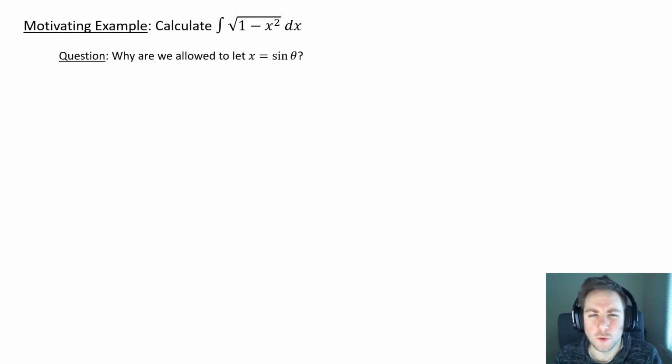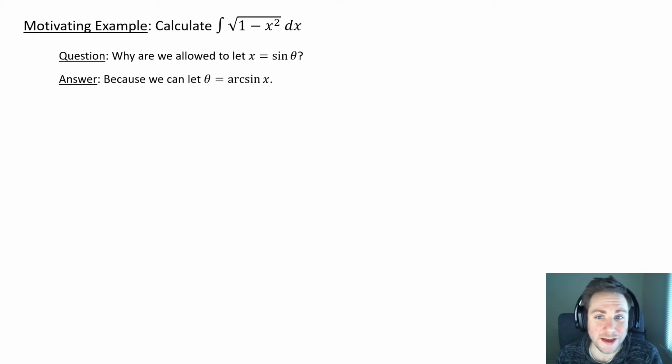All right, so why are we allowed to take our x and suddenly just call it sine of theta instead? The reason is because theta is a new variable which we're allowed to define however we want. So for example, we're certainly allowed to define theta as arcsine of x.